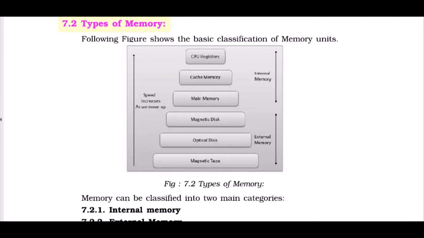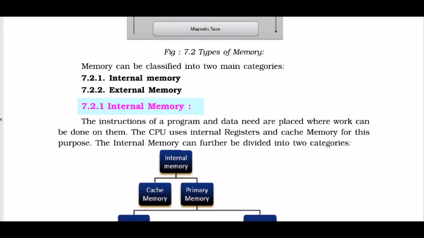And there are 2 types: external memory, magnetic disk, optical disk, magnetic tape. They are called external memory. And then you have internal memory, main memory of a computer, cache memory and CPU registers. We'll talk about 2 main types of memories, internal and external.